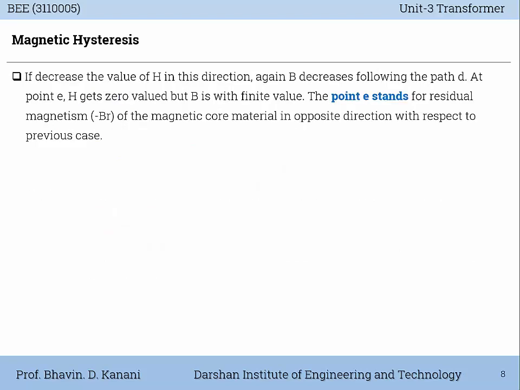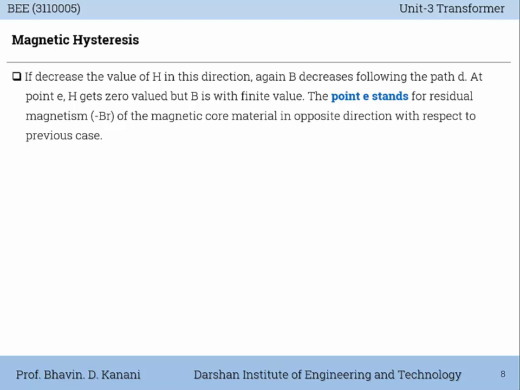If we decrease the value of magnetizing force H in this direction, again flux density B decreases following the path D to E. At point E, magnetizing force H gets zero, but flux density B has a finite value.